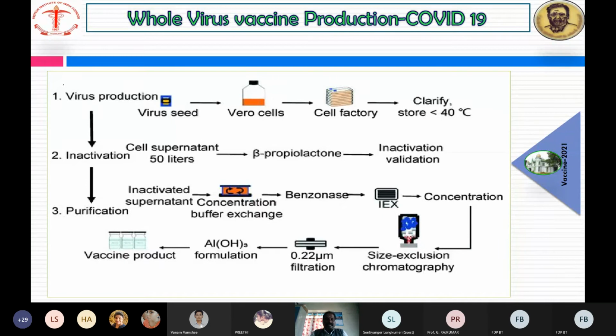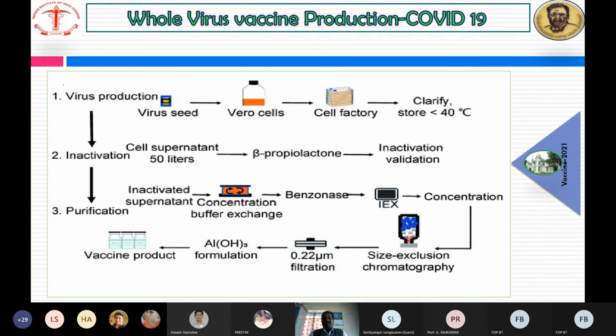Then the inactivated supernatant goes for diafiltration using concentration by buffer exchange, then benzonase enzyme digestion to digest the host cellular DNA of the virus cell line.